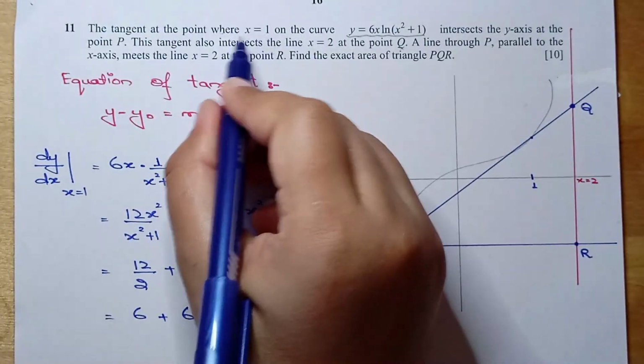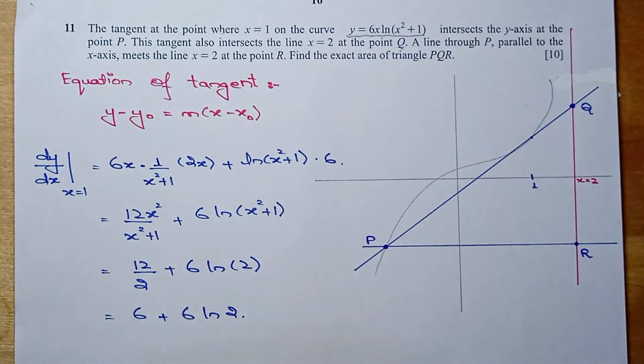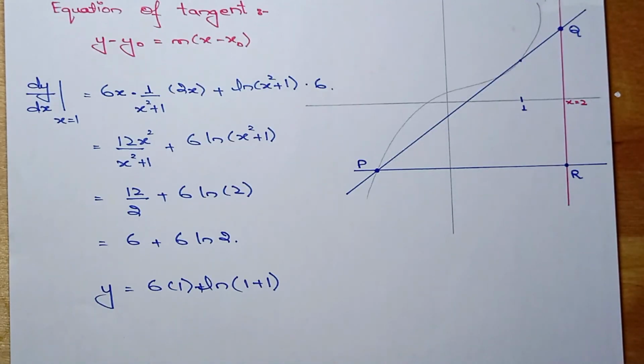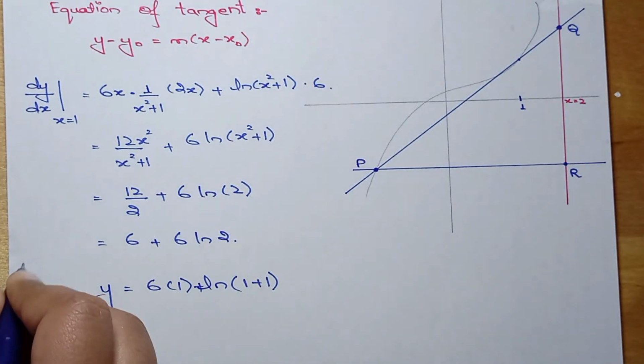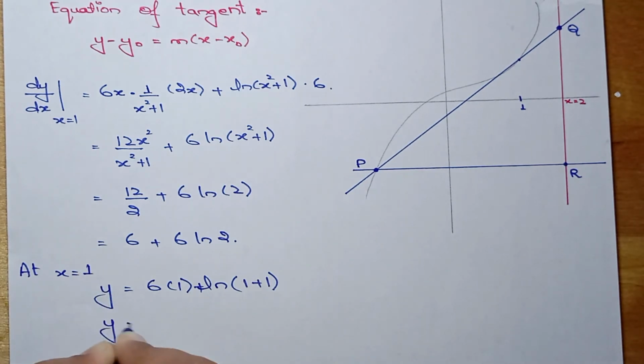So x equals to 1, just put x equals to 1 into the curve, we can get the y. So y is equals to 6 times 1 plus, ln 1 plus 1. So the point y at x is equals to 1. So y is equals to 6 ln 2.